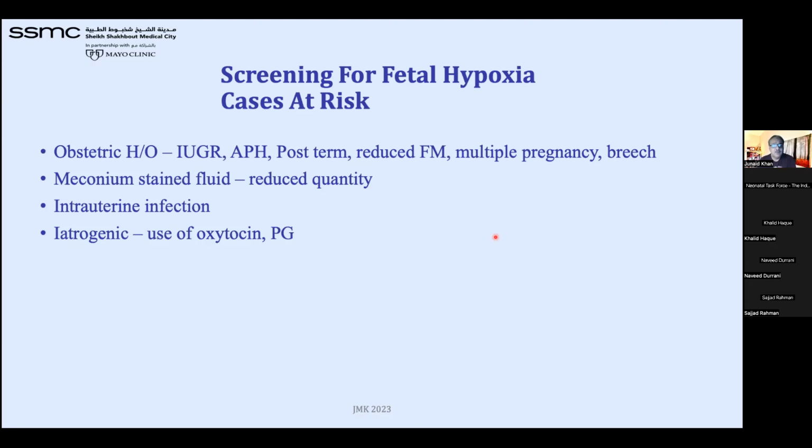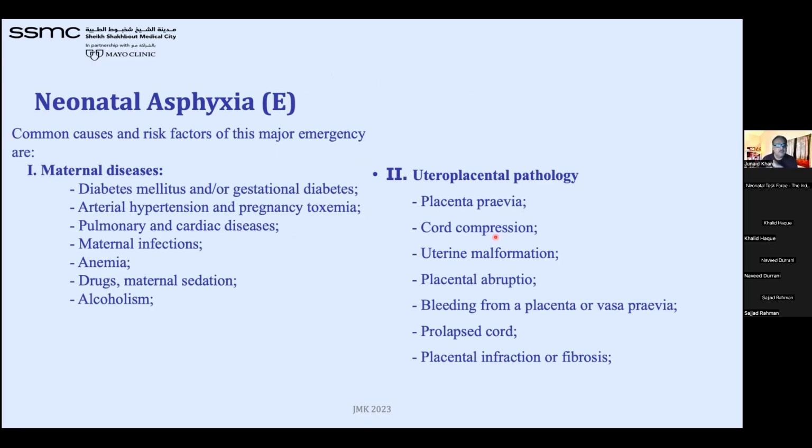So my whole point is: start from the higher level, reduce the mortality rate there, and then you should get a trickle-down effect. Now, there are many things we can prevent.